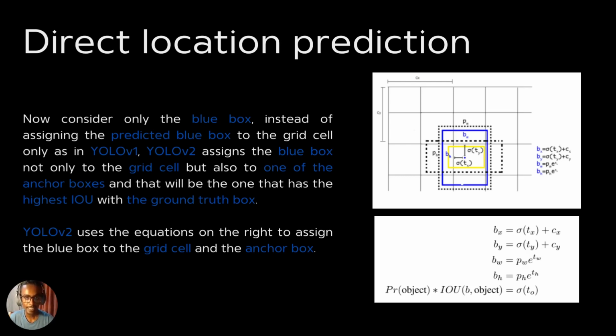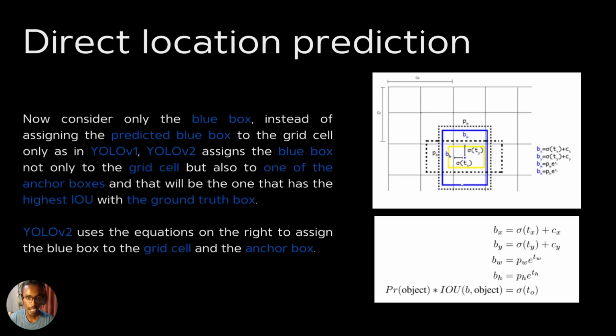We add the sigmoid of tx and ty because tx and ty can be free-ranging values, and we need to make them between 0 and 1 because they're taken relative to the grid cell. And once we add them, we get bx and by, which are the central coordinates for the predicted bounding box.